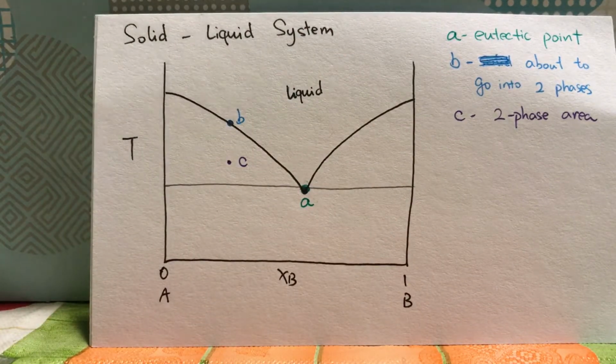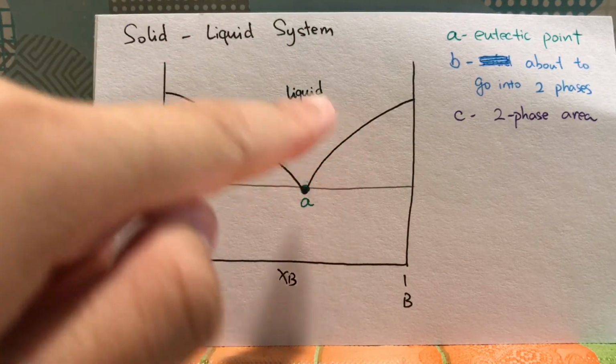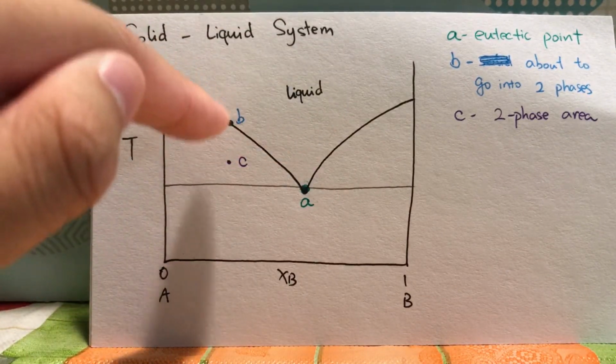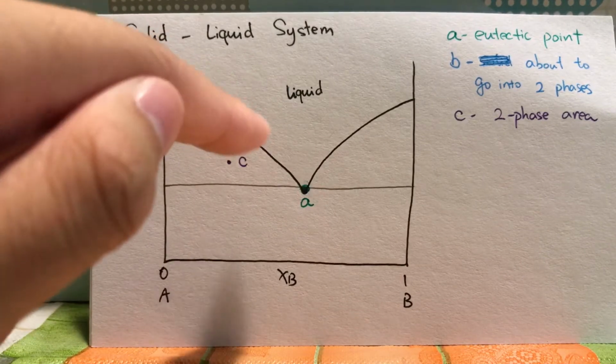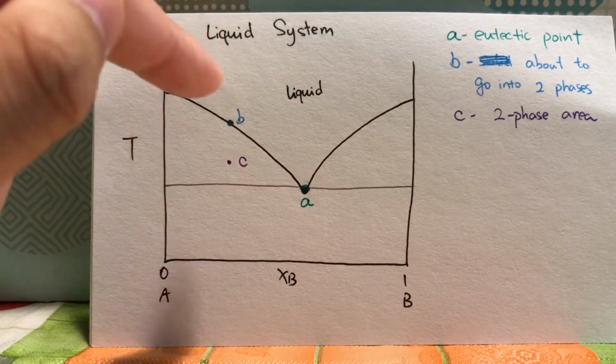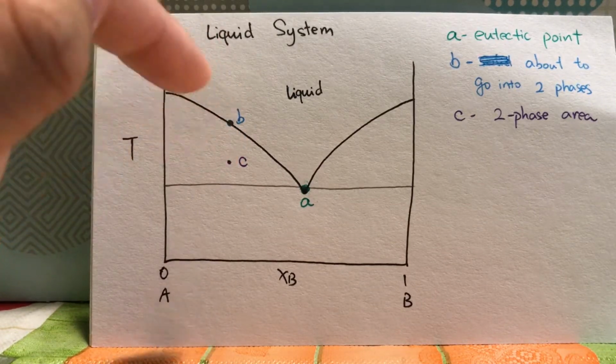In this case, outside the boundary is the liquid phase. At point B, at the boundary, is the liquid phase where it's about to go into two phases. The other phase is the solid, but it's still one phase.